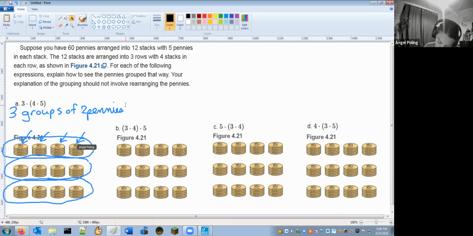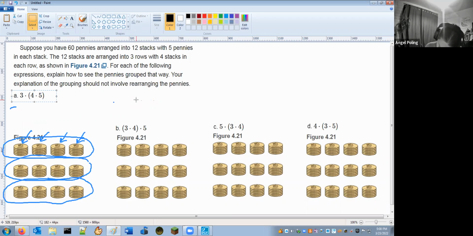So what we have for 3 times parentheses 4 times 5 is we have 3 rows of 4 stacks of 5 pennies.